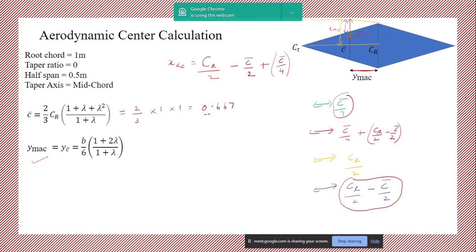So substitute this C bar value into this equation. You get CR is 1, so 1 by 2 minus 0.667 by 2 plus 0.667 by 4. What is this value?